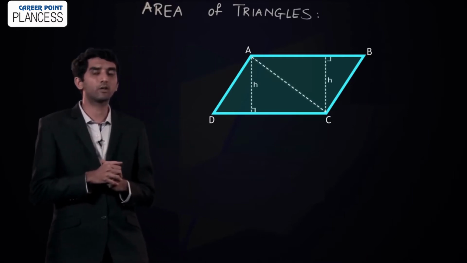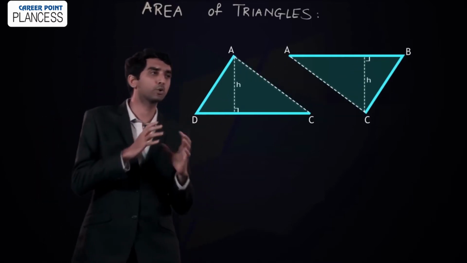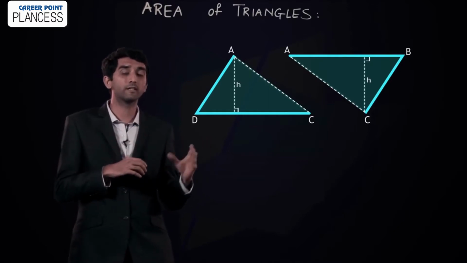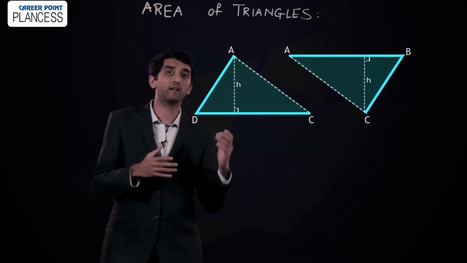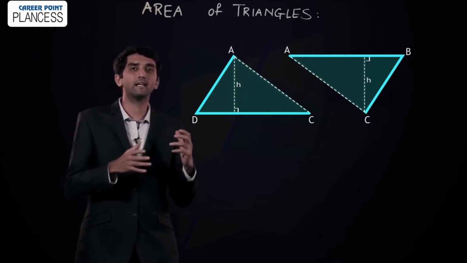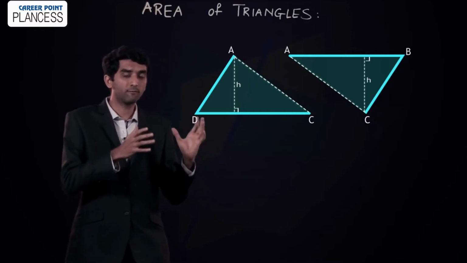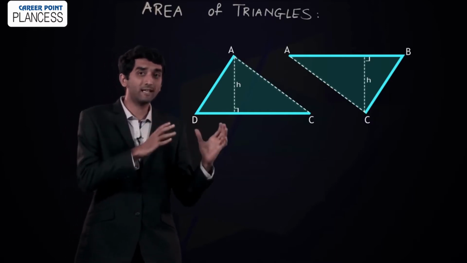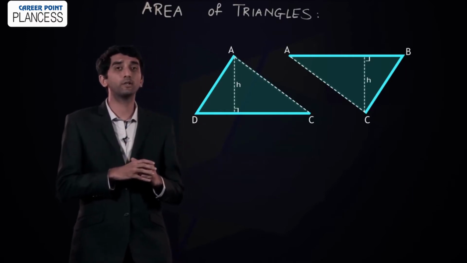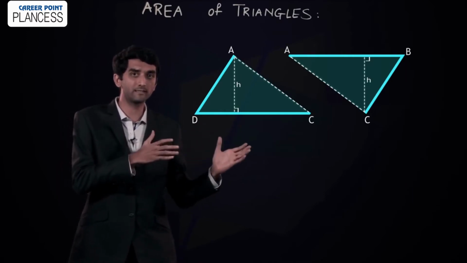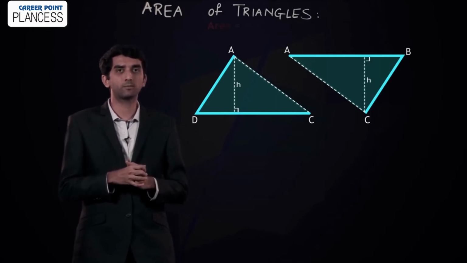So this parallelogram is now split into two triangles, one being triangle ABC and another being triangle ADC. So in the first triangle, the area of that triangle is going to be half into the base AB into its corresponding height.